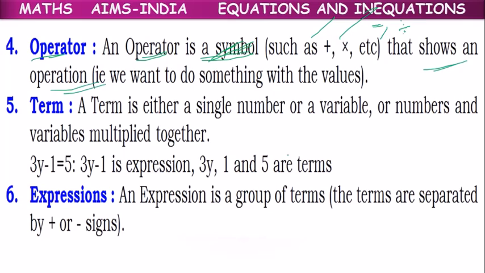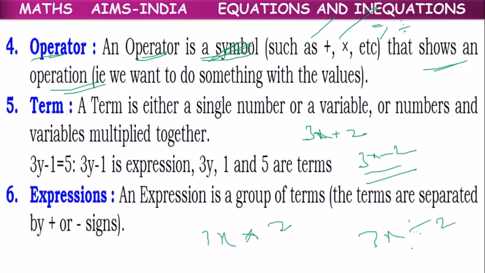If there is plus, what is the meaning? We have to do the sum. If there is a minus operator, we have to do the difference. If there is into, we have to do multiplication. If there is divided by, we have to divide to get the quotient.